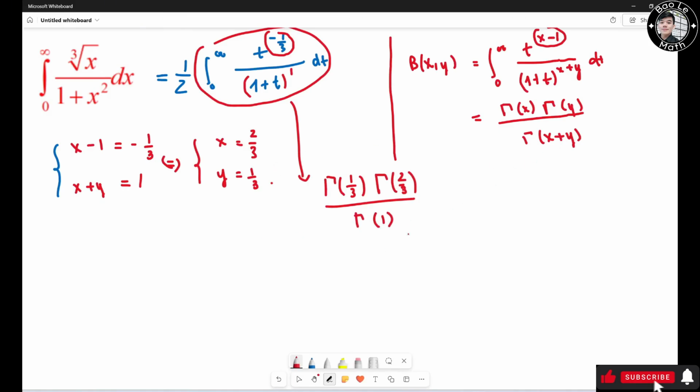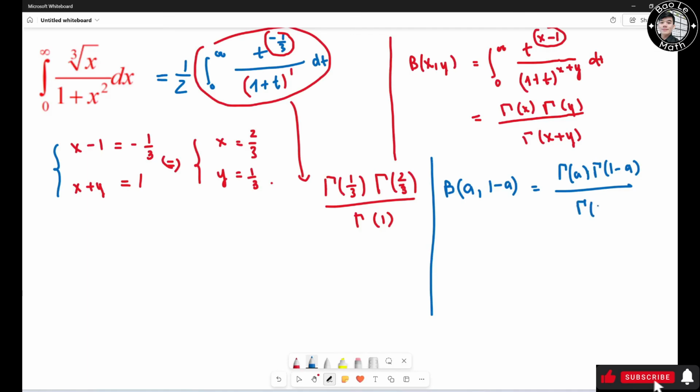Now you have the formula: the beta function of a comma 1 minus a is gonna be gamma of a gamma of 1 minus a over gamma of a plus 1 minus a.